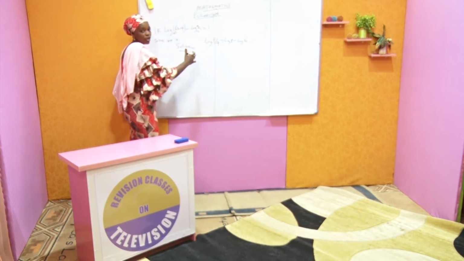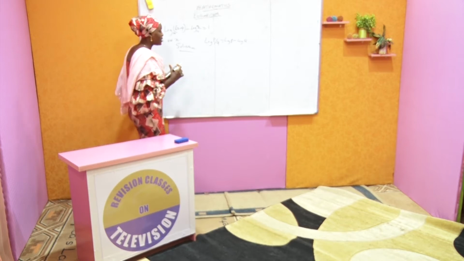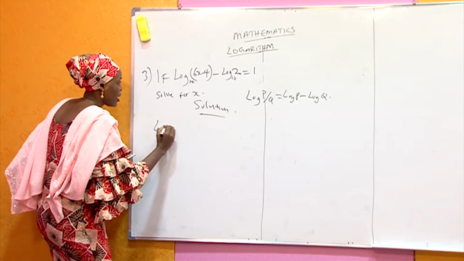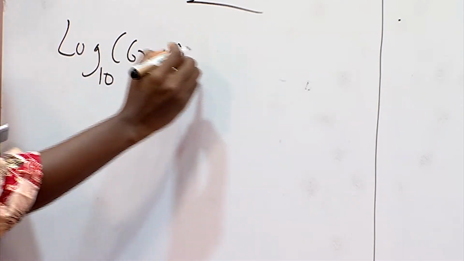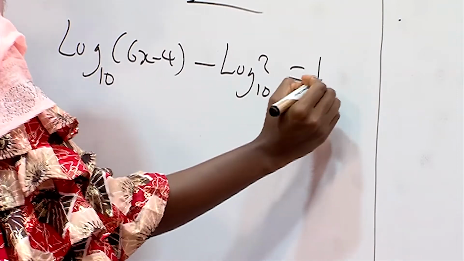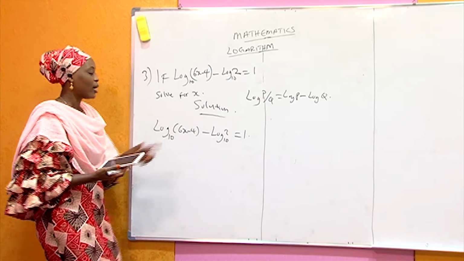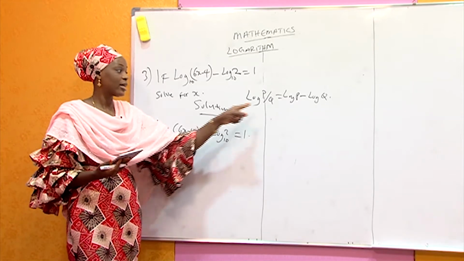So when you have a division, you subtract your logarithms, and when it is multiplication, you add the logarithms. We have log (6x minus 4) base 10 minus log 2 base 10 equals 1. So from here, we know that when you have subtraction of logarithms, it is taken from the division.